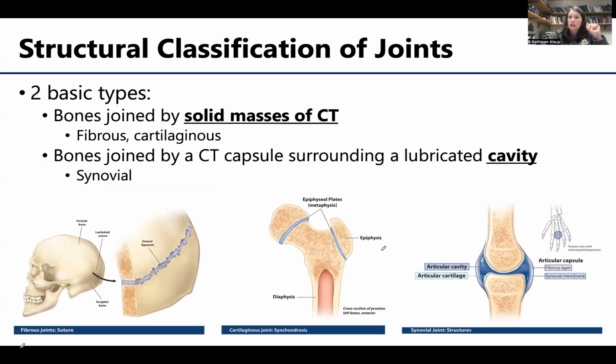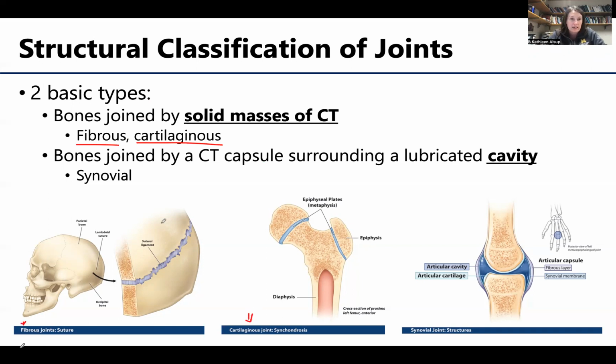Okay, so let's go to those structural classifications. And we're going to talk about the fibrous, cartilaginous, and synovial in more detail. But I did want to start off with the two basic types first. There are going to be joints where the bones are joined by a solid mass of connective tissue. So these two examples are fibrous and cartilaginous joints, which you see here, here as well as here.